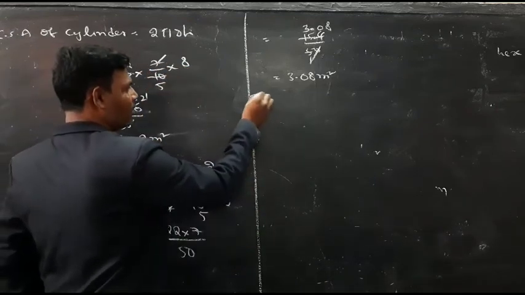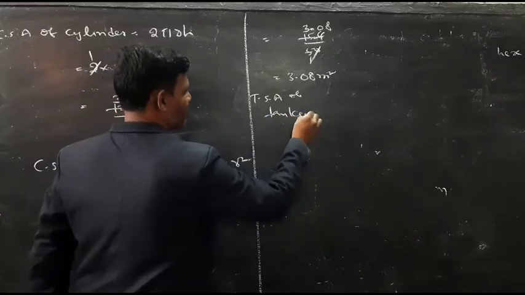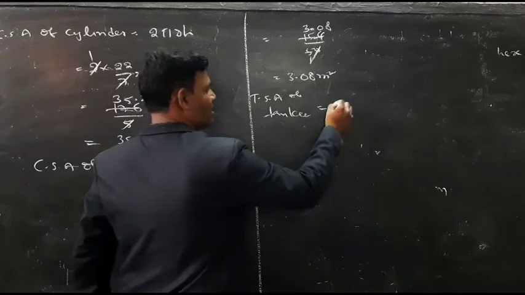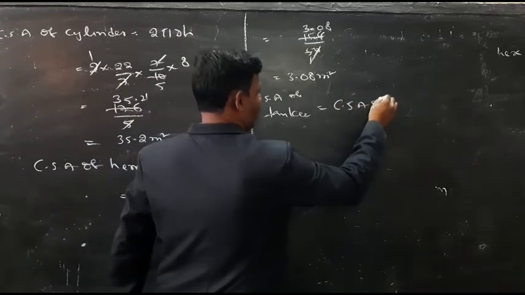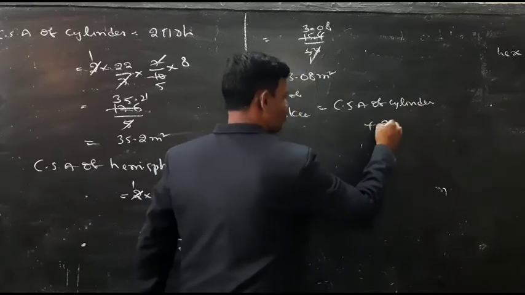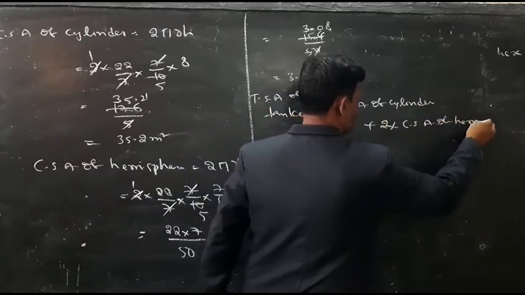Now what do I need? Total surface area of the tanker. Total surface area of the tanker is equal to CSA of cylinder plus 2 into CSA of hemisphere.